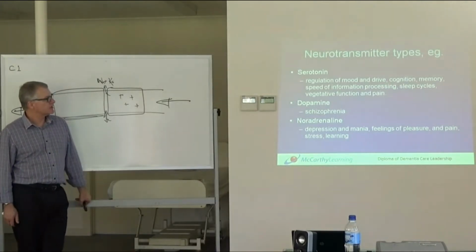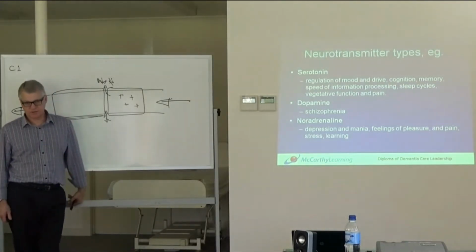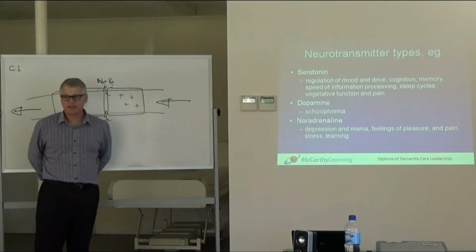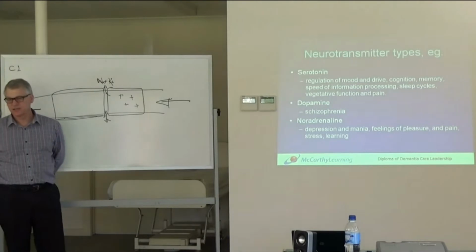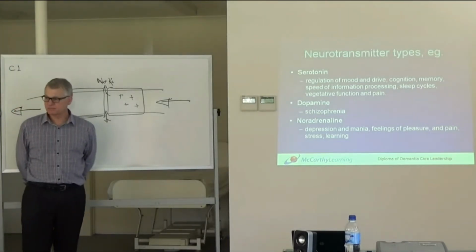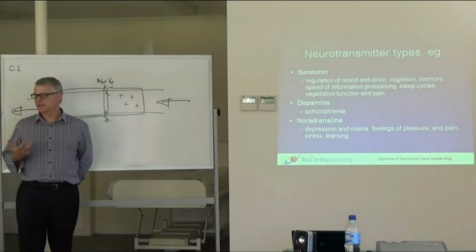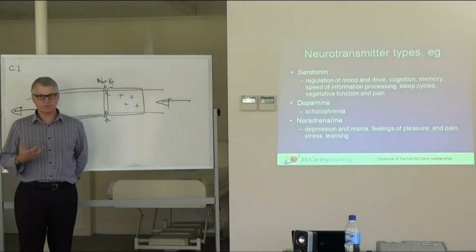Serotonin, for instance, is most commonly associated with depressed mood, but it's also associated with memory, with thinking ability, with drive or motivation. And you'll notice, of course, that those are commonly associated problems with depressed mood.